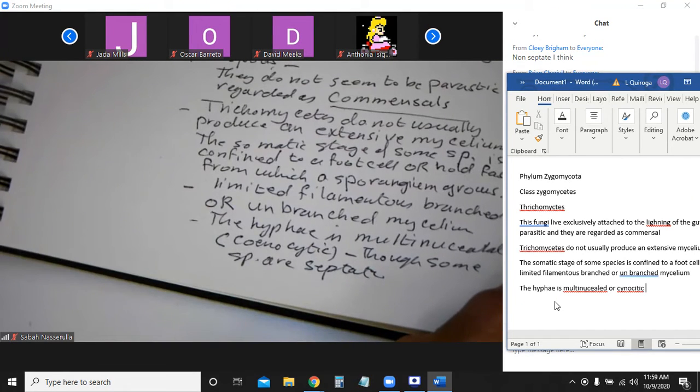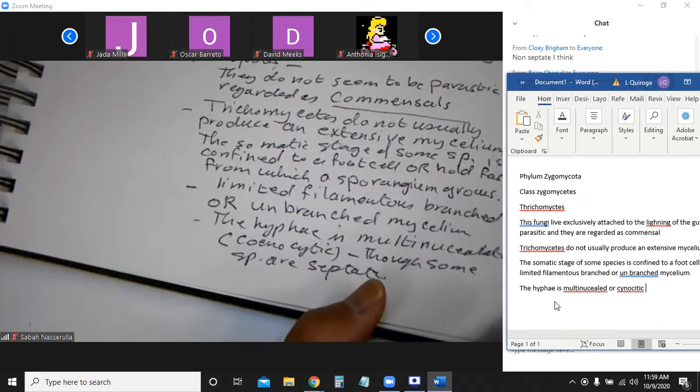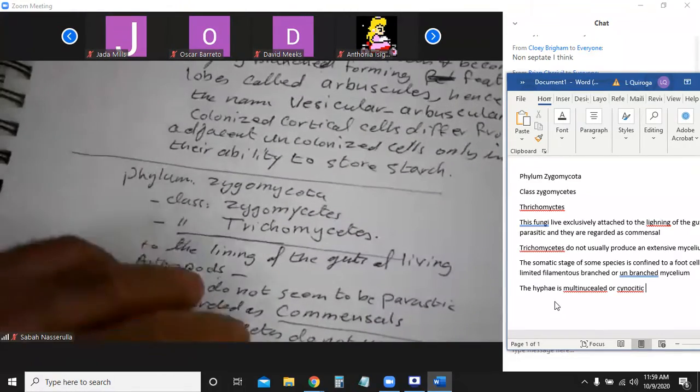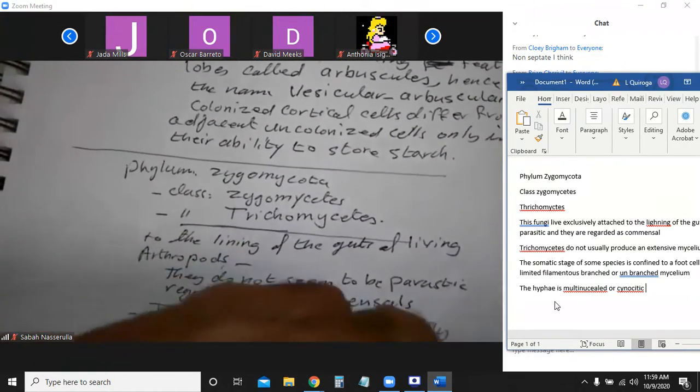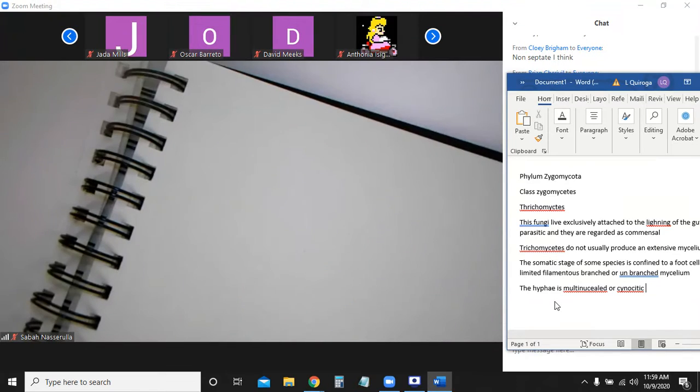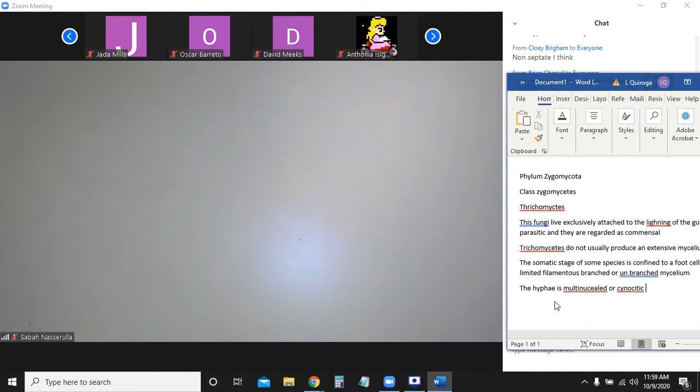If you can put this down here so that you can finish this one. And as I said, mostly this is based on their morphology or the non-sexual spores.